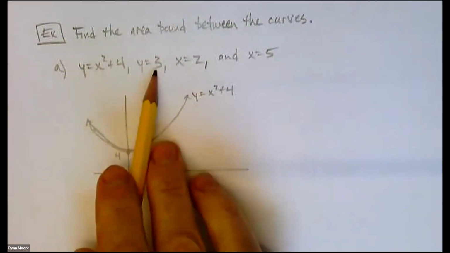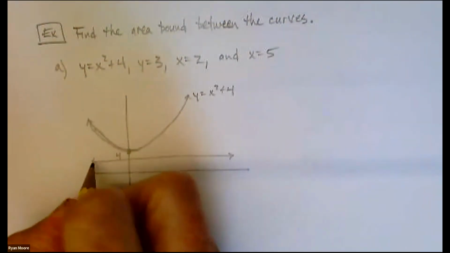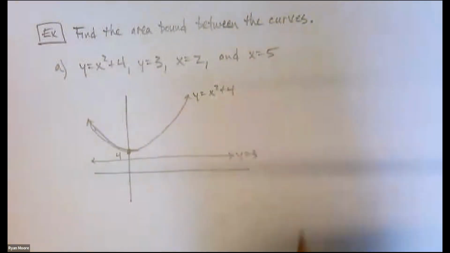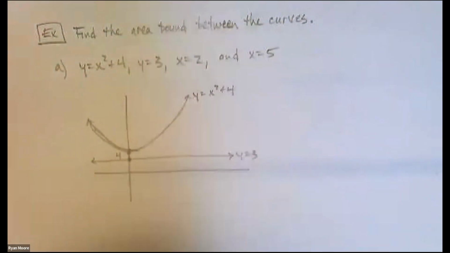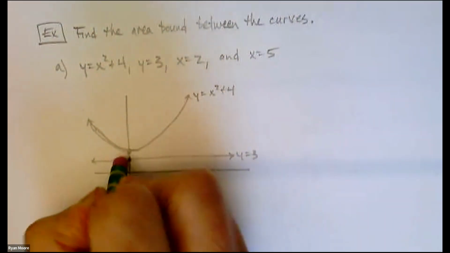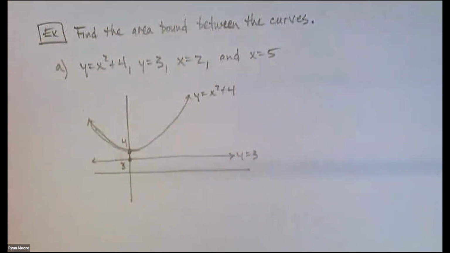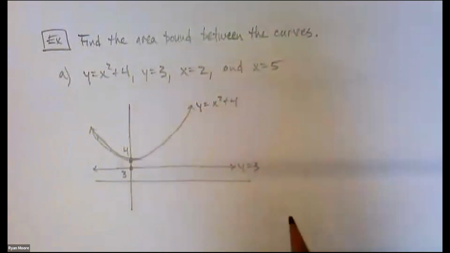I also know I've got the line at y equals 3, so it's this horizontal line beneath. Let's say 4 is there, there's 3. And then we've got these two vertical lines.